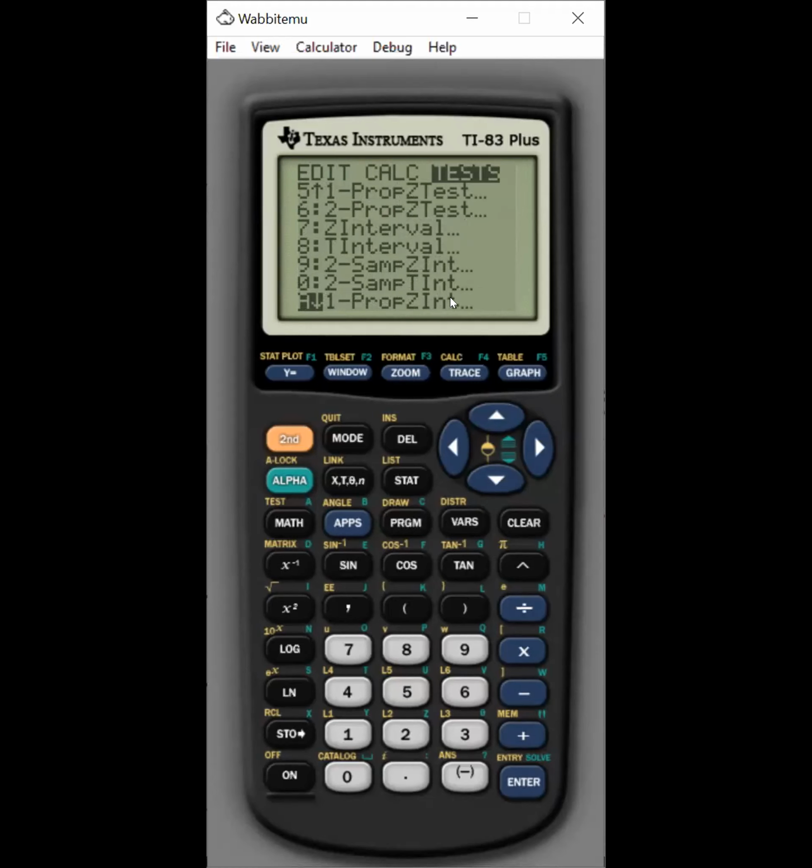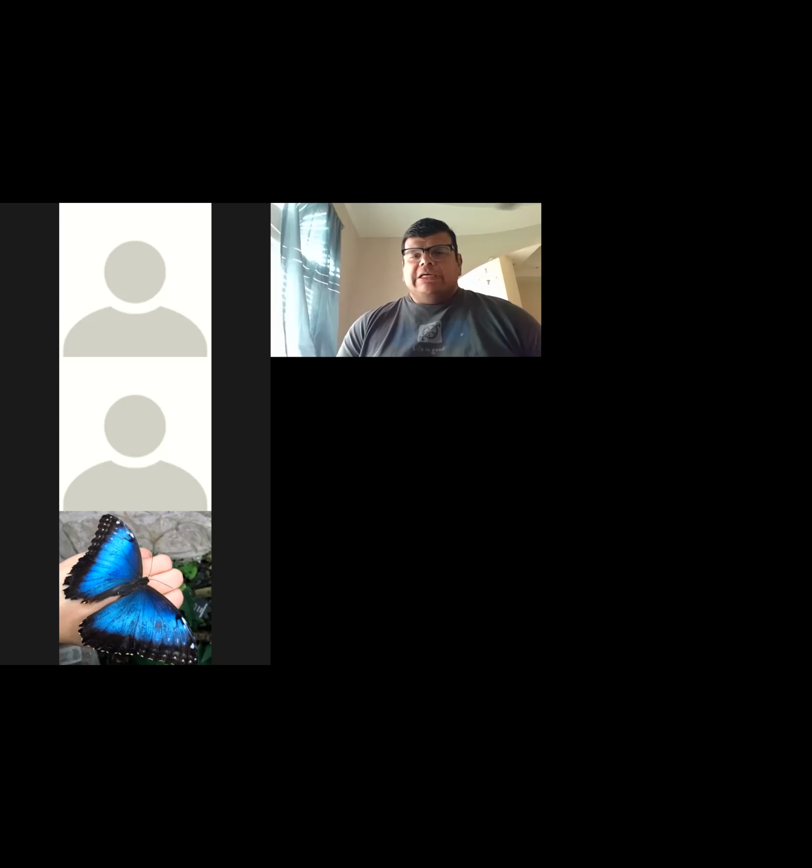And here's the 1 proportion Z interval, right? Those are the ones that you're going to use anytime it's dealing with confidence intervals. So I hope that gives you some reassurance there, okay?